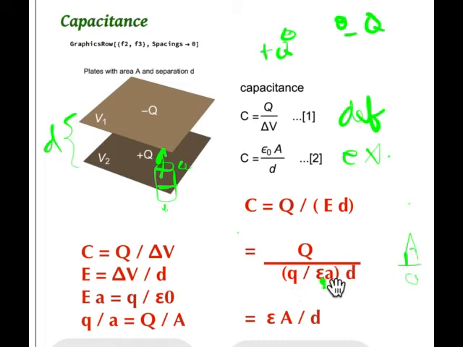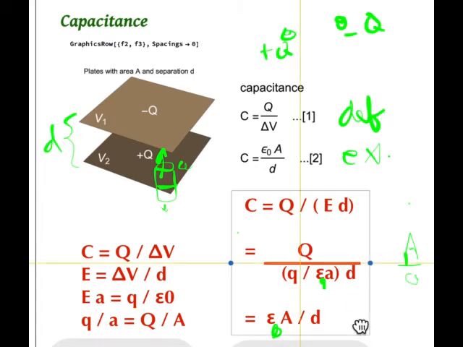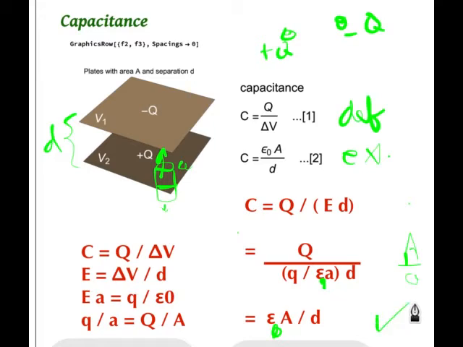Here I have 1 over epsilon naught in the denominator, so that's epsilon naught in the numerator. And here I have 1 over A times A. So the A's cancel, and I'm just left with D in the denominator.